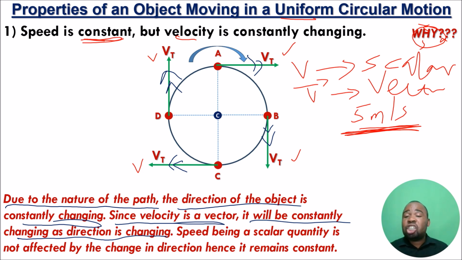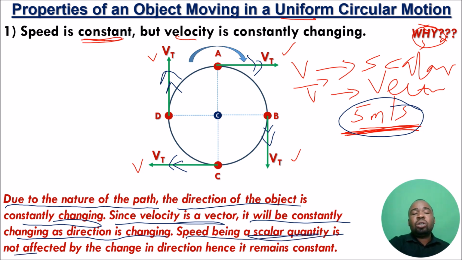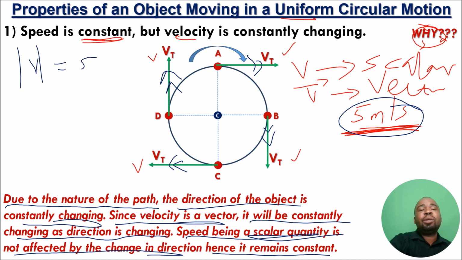Now that direction has changed, velocity must change. Because velocity, its magnitude and direction. Even though the magnitude may remain the same, the direction has changed. Consequently, velocity has changed. Now, speed being a scalar quantity is not affected by the change in direction, hence it remains constant. So you will find that the magnitude of velocity is 5 meters per second throughout the course. But velocity is changing.